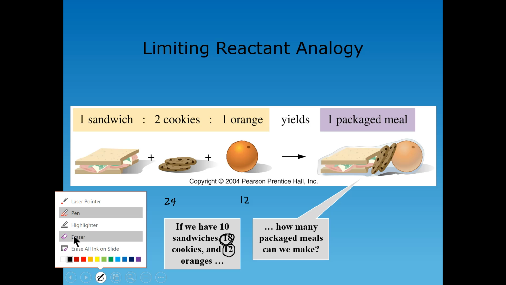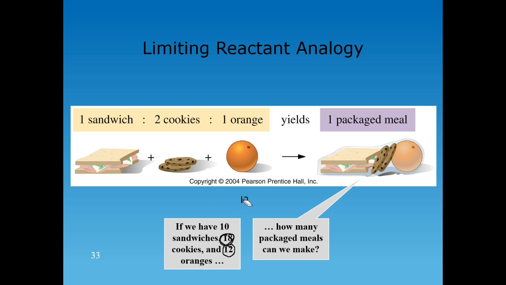Now let's look at things from the standpoint of the cookies. According to the question, we're given 18 cookies. If we are going to use up all 18 cookies, then according to this equation we need to use 9 sandwiches and 9 oranges.